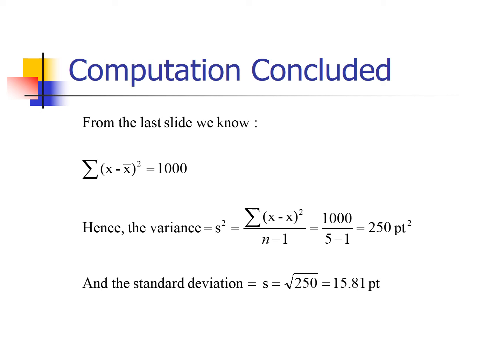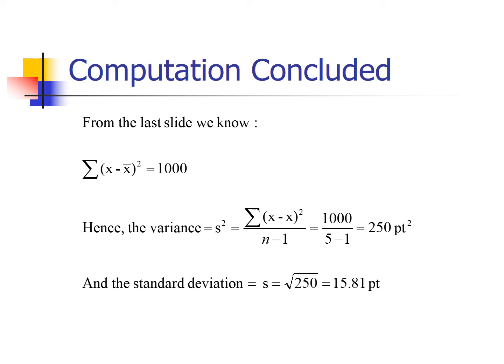And exactly because I'm working with these weird squared units that generally make no sense, I want to take one final step. I want to take that 250, that variance, and take its square root. We created a problem. We needed to do it to get rid of the negative numbers, but by squaring them, we created a problem. We're now in square units instead of the original units.